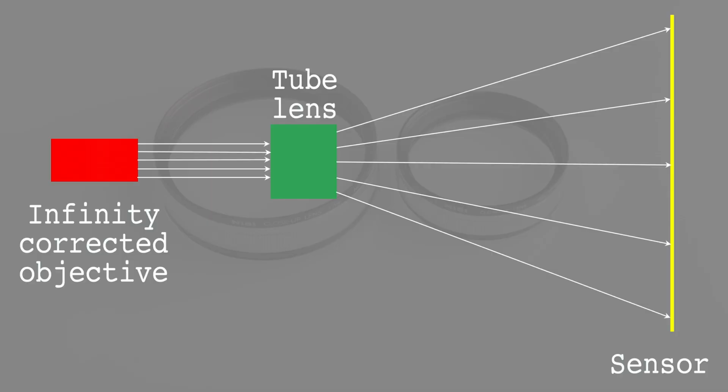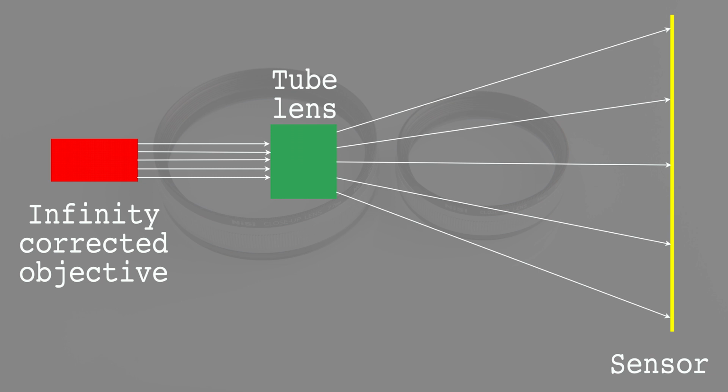But in today's modern microscopes, the objectives, which are called infinity corrected, instead of focusing a beam onto the focus plane, actually just output a flux of parallel light rays.